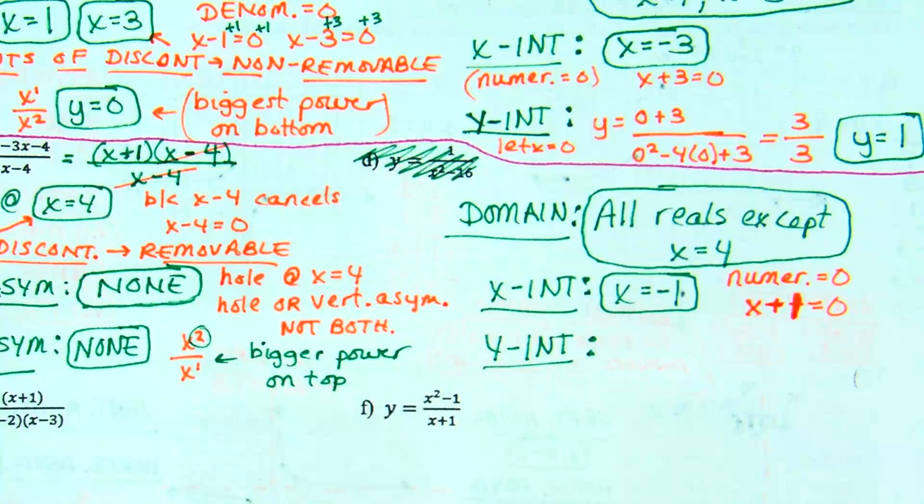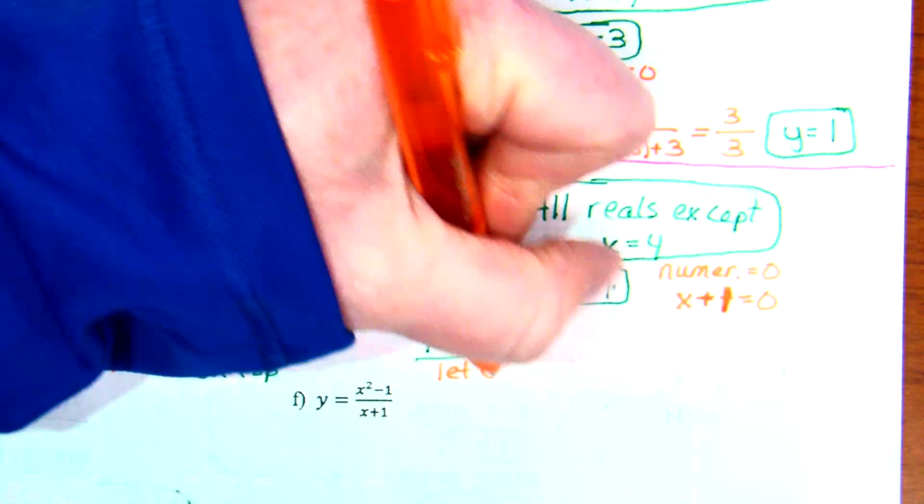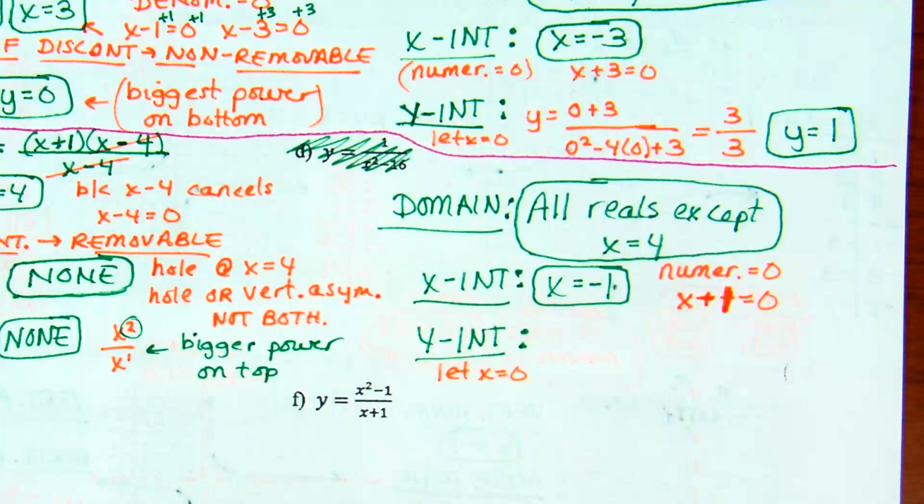Actually, it'd be really easy to use the factored here, because if you use the factored, you're just putting it into x plus 1, okay? If you'd rather go back to the original, then fine. It's 0 squared minus 3 times 0 minus 4 over 0 minus 4. End up with negative 4 over negative 4, which is 1. So y-intercept of 1.